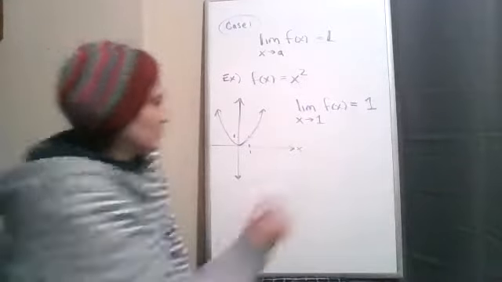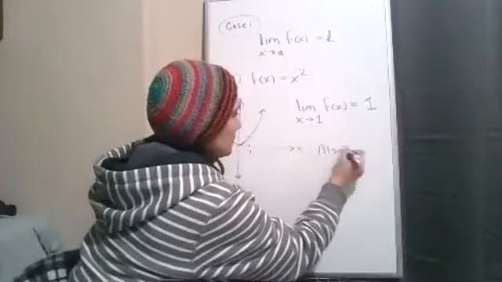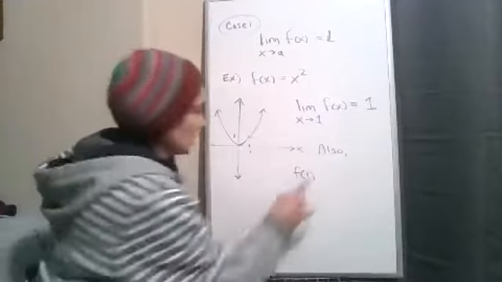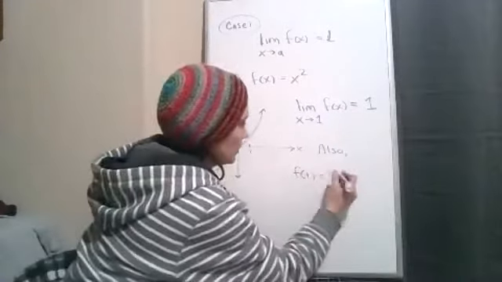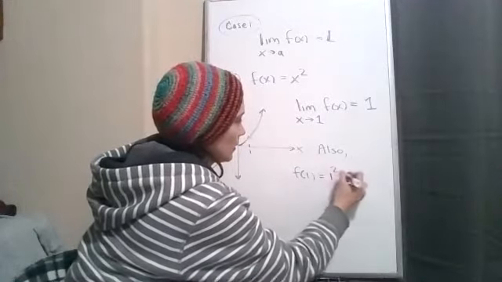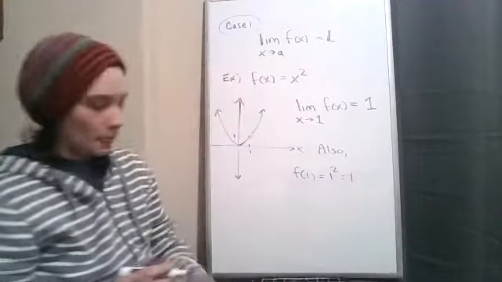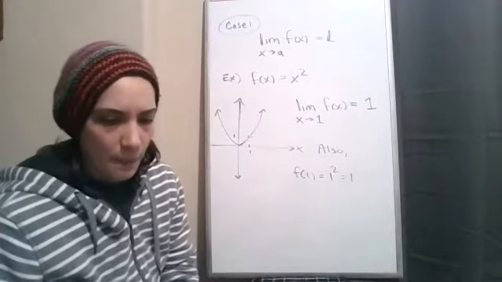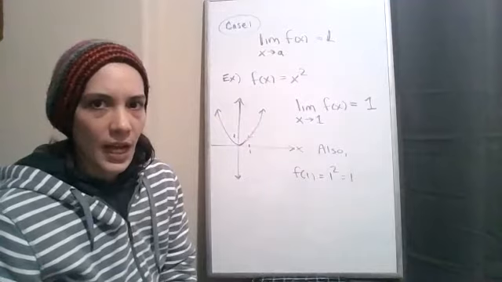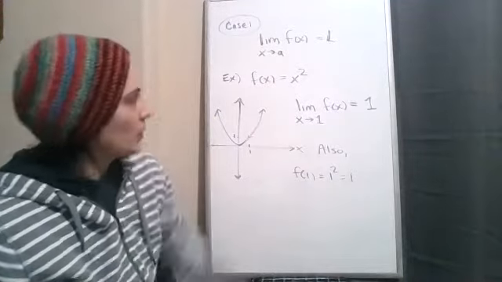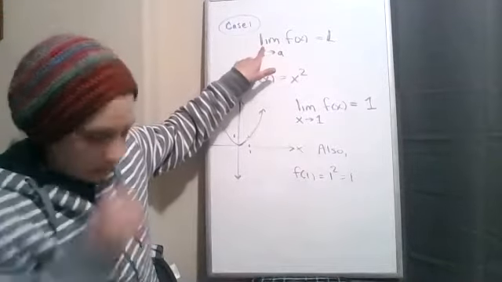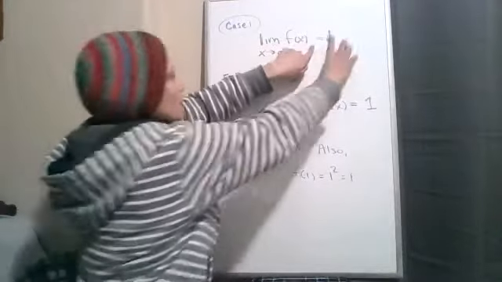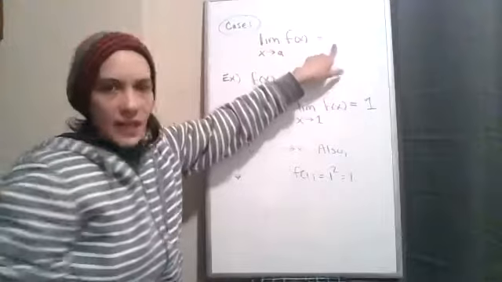And f of 1 exists. We want to put the limit of f of x as x goes to a equals a particular number, f of a.